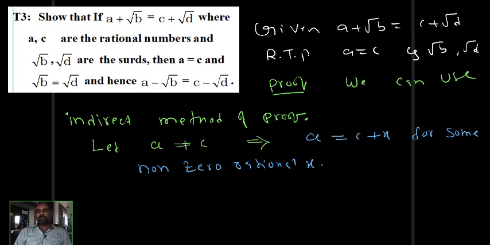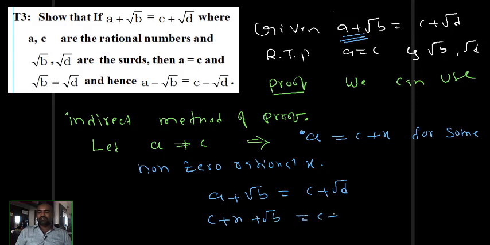I will substitute this in the equation a plus root b equal to c plus root d. Instead of a, now I can write c plus x plus root b equal to c plus root d.